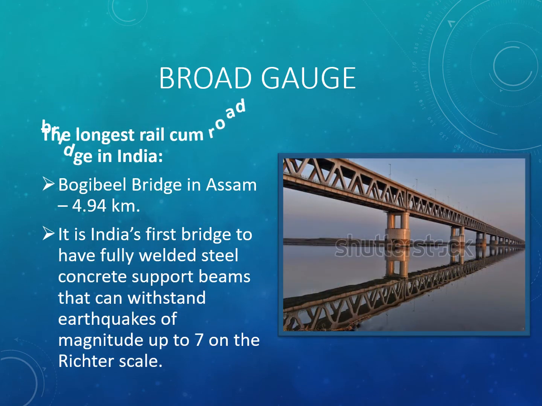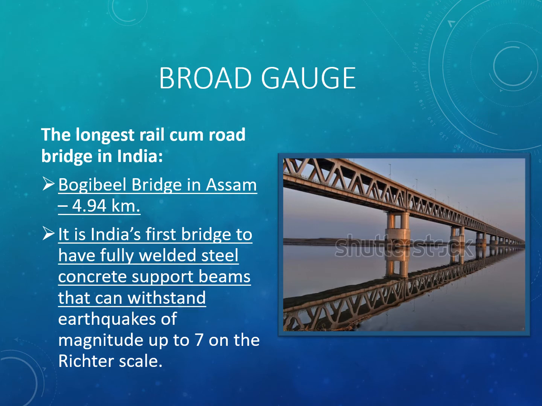The longest rail-cum-road bridge in India. It's Bogibeel Bridge in Assam. It is a combined road and rail bridge over the Brahmaputra River between Dhemaji and Dibrugarh districts in Assam. Bogibeel River Bridge is the longest rail-cum-road bridge in India, measuring 4.94 km.